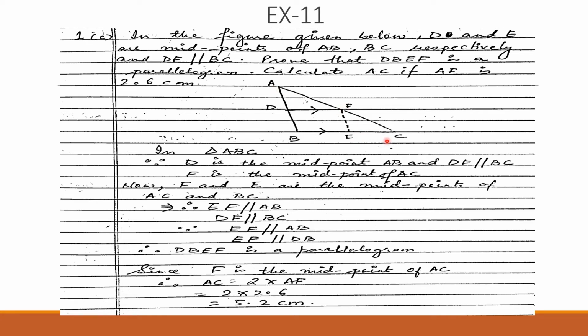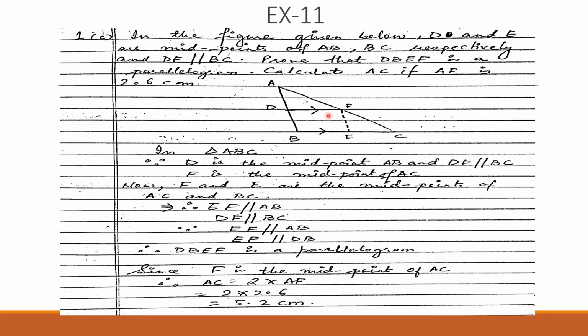F and E are the midpoints of AC and BC, therefore EF will be parallel to the side AB. This is what the midpoint theorem is. So EF is parallel to AB. EF is also parallel to DB because DB lies on the same side of the triangle. So we can say that the figure DBEF is a parallelogram because the opposite sides are parallel to each other.